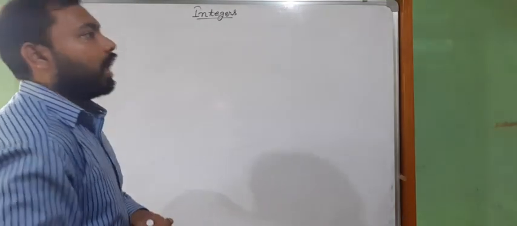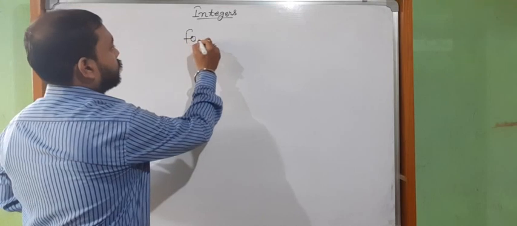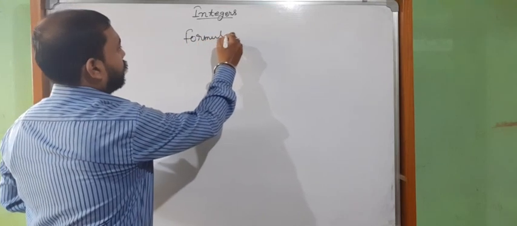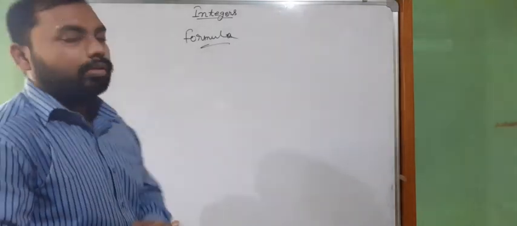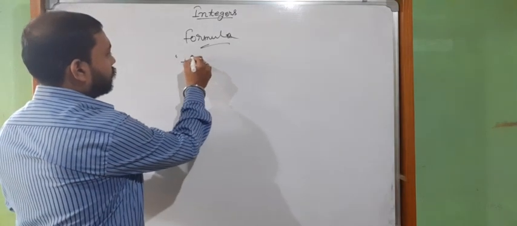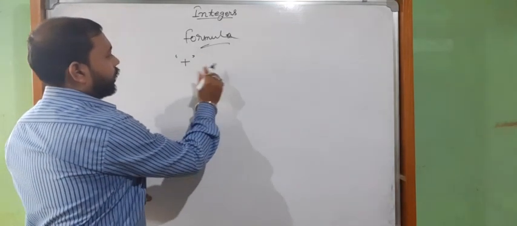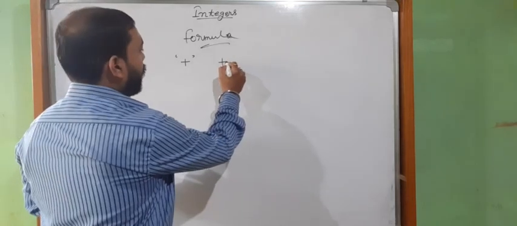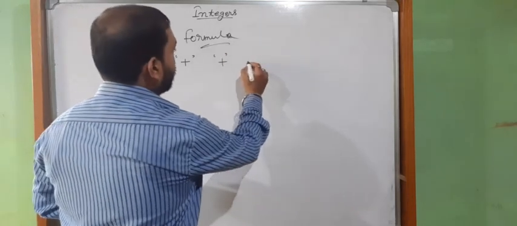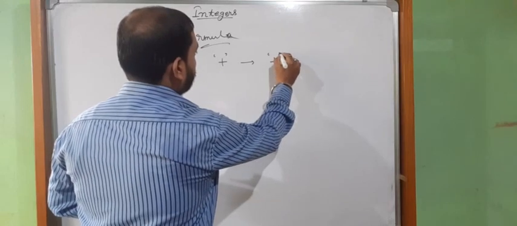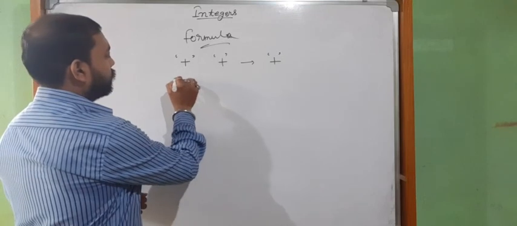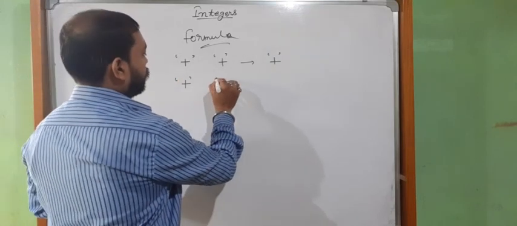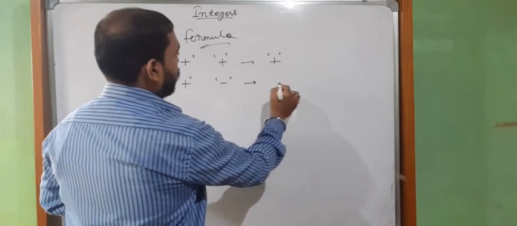Now let us learn some formulas. So what is the formula? Plus plus, if two positive numbers, the result will be plus. Plus minus, the result will be minus.